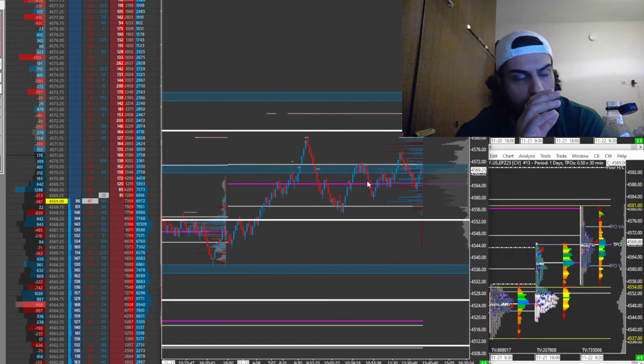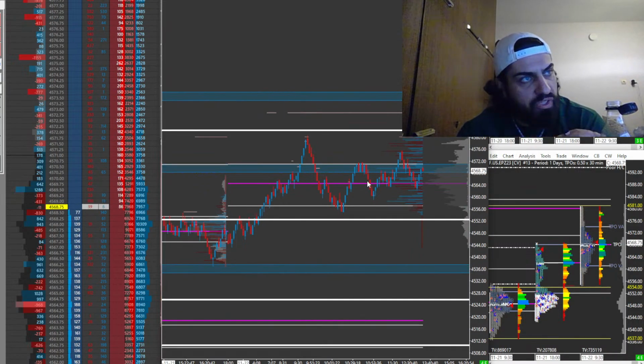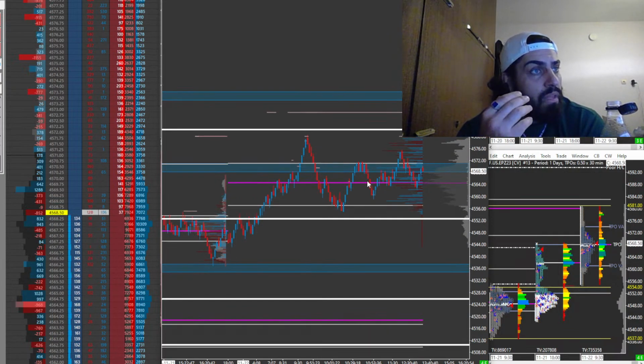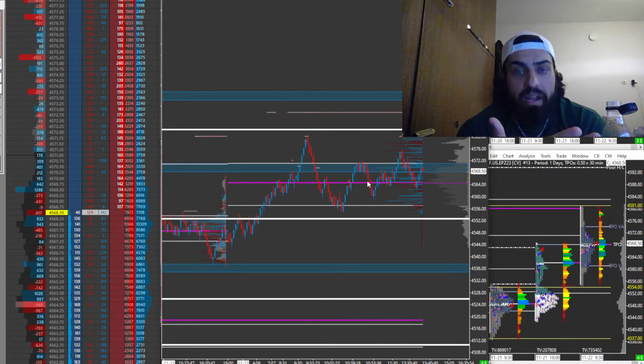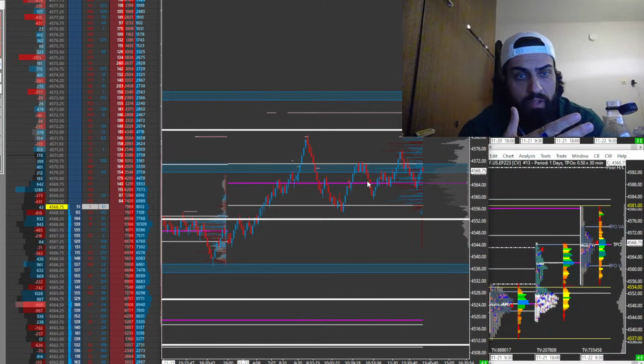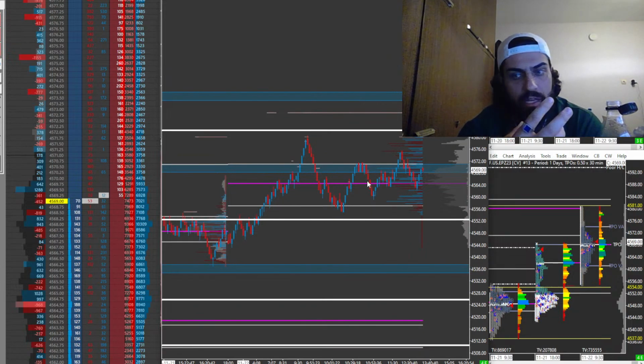I can replay those areas to start reading the patterning and the orders that come in from the depth of market, so I can get a better idea of where the buyers come in, where the sellers come in, and how they continue for the move. Replaying these areas consistently as days go by, you get a very good understanding of how the DOM actually works.